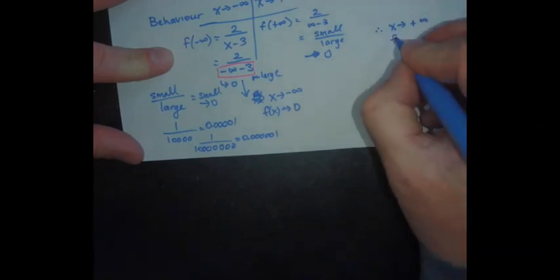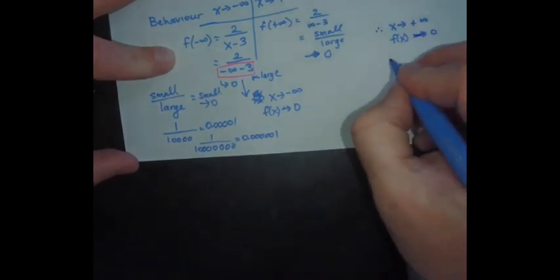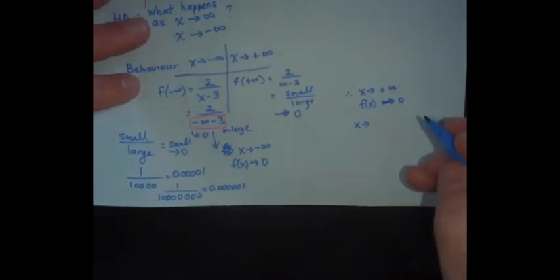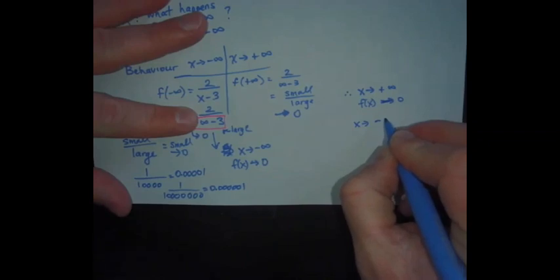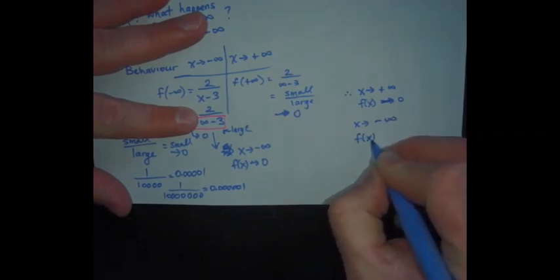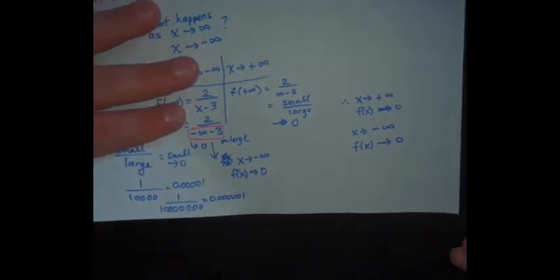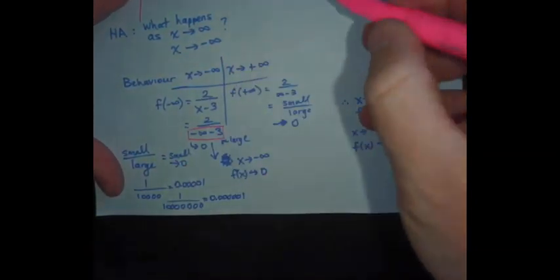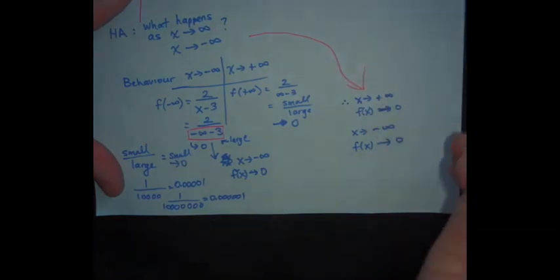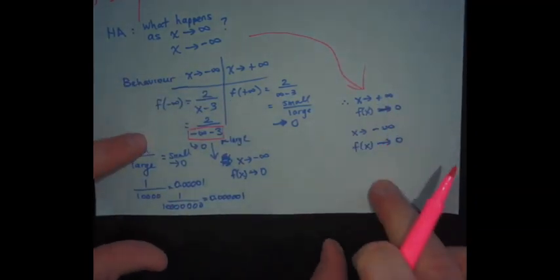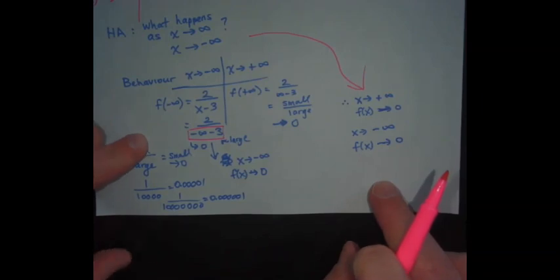So what we can say from this is, as x approaches positive infinity, f at x approaches 0. And as x approaches negative infinity, f at x approaches 0. All right? So this is kind of what we're trying to prove.